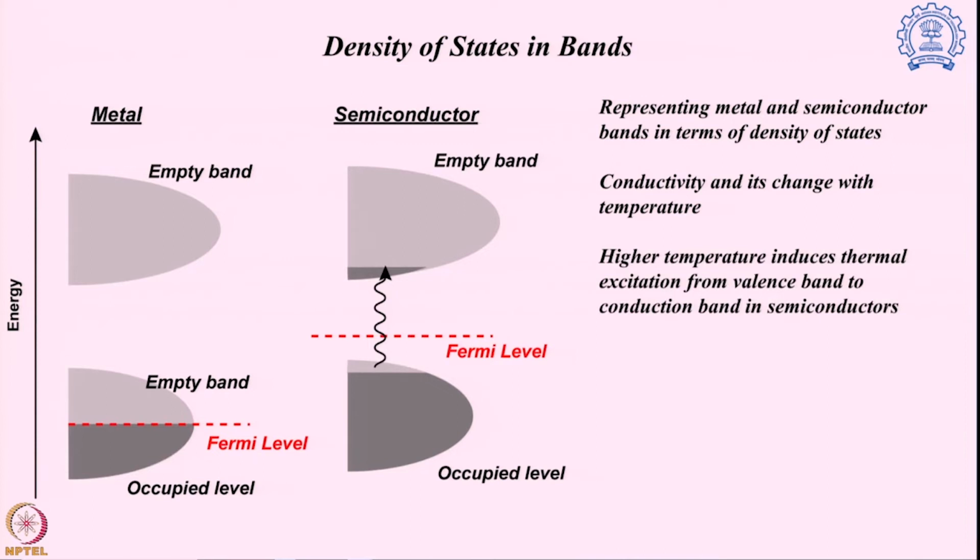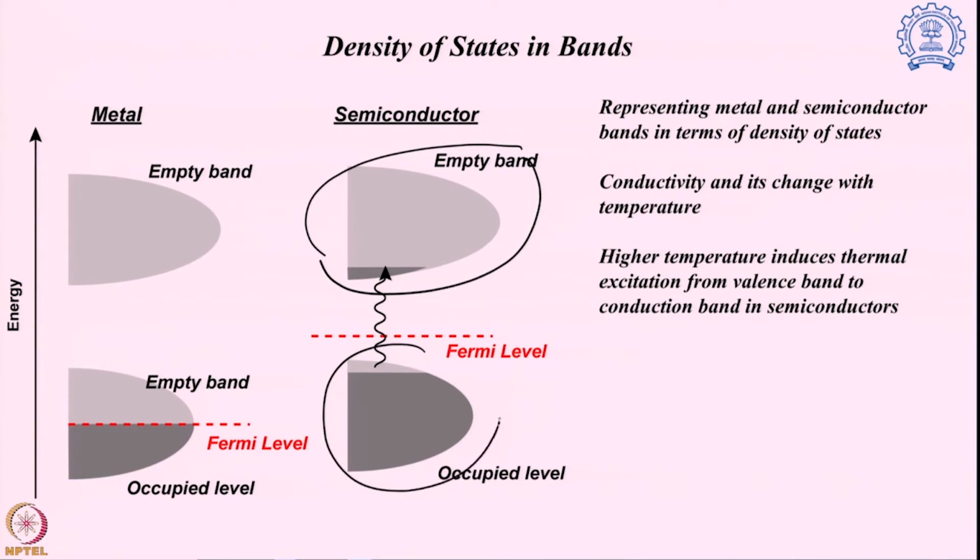In the semiconductor, we have this particular empty band, and over there we have this occupied band. If we really want some electron density transferred, some of the chunk should go to the empty band.